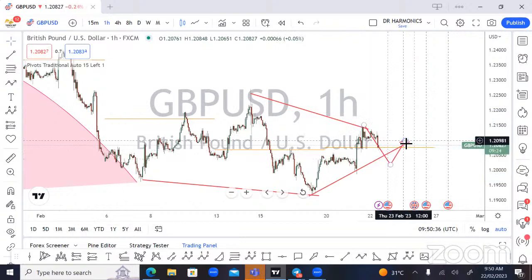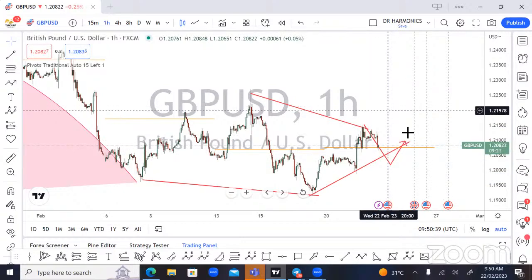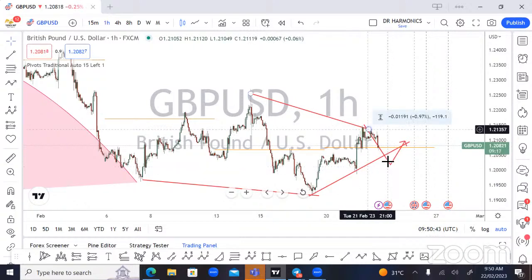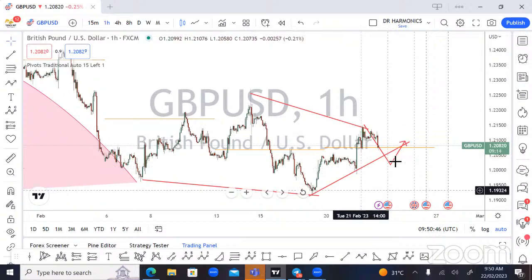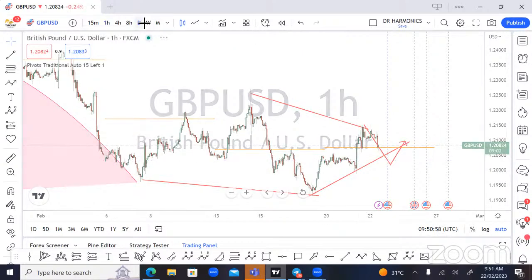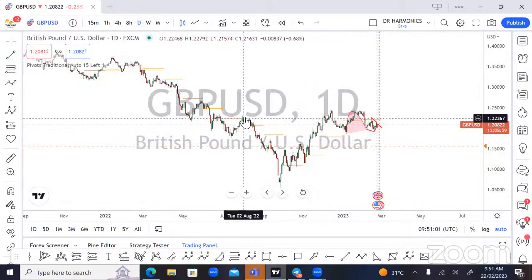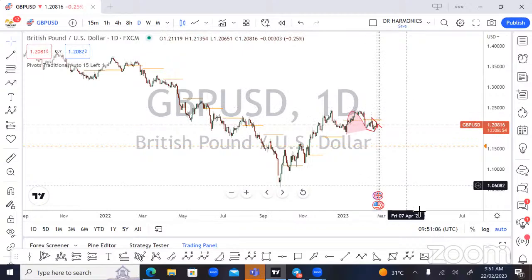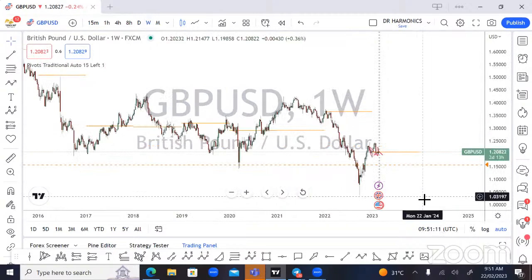It can go to the top before dropping, but if it breaks this zone, then wait for it to form an M pattern, then you join. That one too came to balance the imbalance, and I'm expecting it to drop.